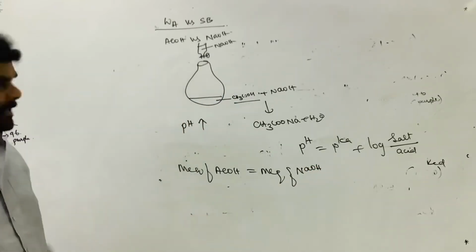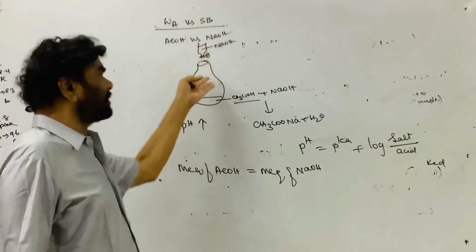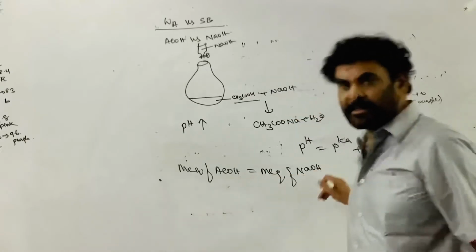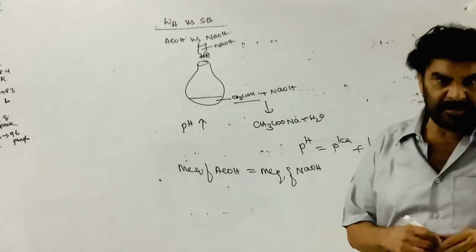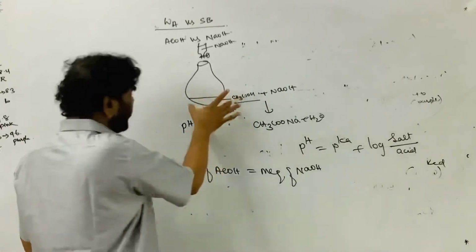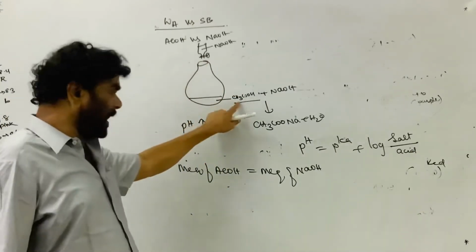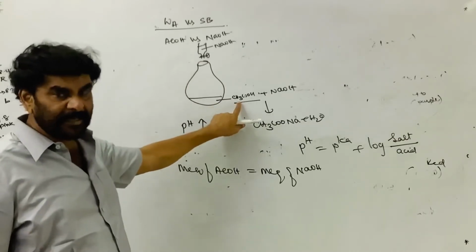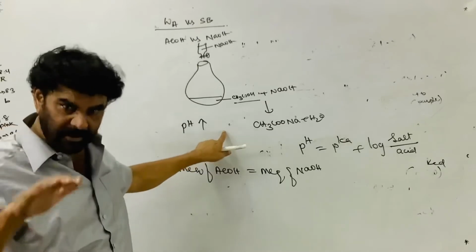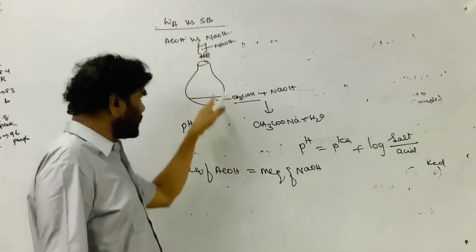At one point, the content of acetic acid present in milliequivalents is equal to the content of sodium hydroxide added in milliequivalents. That point is called the equivalence point, theoretically. So the pH should be 7, but it is not 7. See, we are eliminating the acetic acid by adding sodium hydroxide. Acetic acid content is decreasing, but here what is happening?